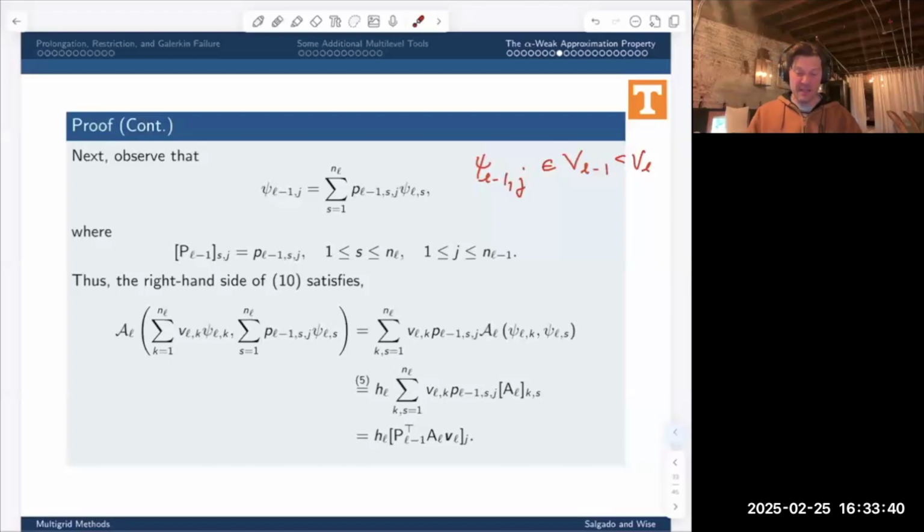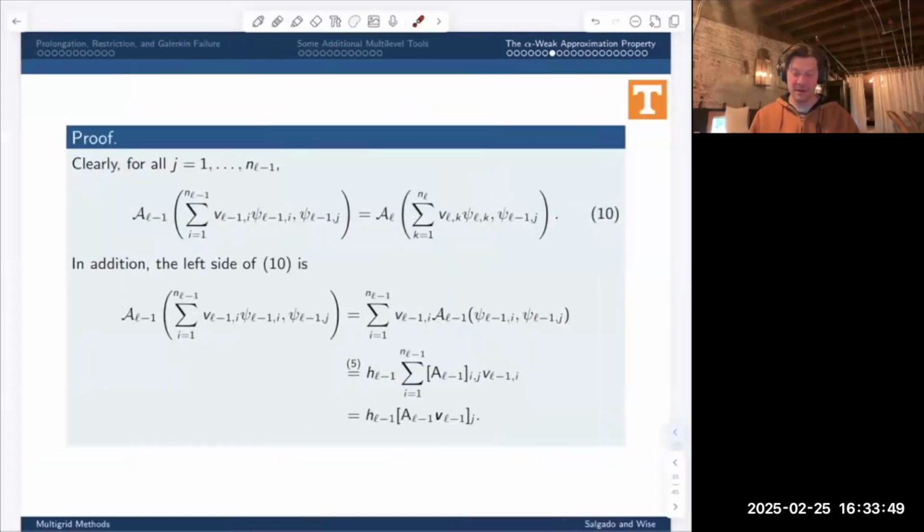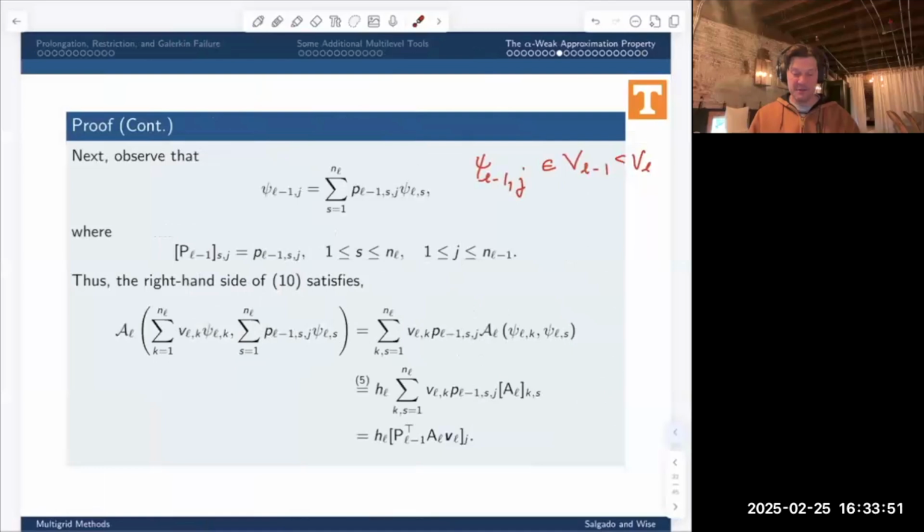So now we're going to take this and plug it into the right-hand side of 10. In the right-hand side of 10, we had that basis vector there, and so now what gets plugged in there is that object. Okay, cool. Now what we can do is use the linearity of AL and pull out two sums, a sum from k equals 1 to NL and a sum s equals 1 to NL, and we pull out all of these coefficients.